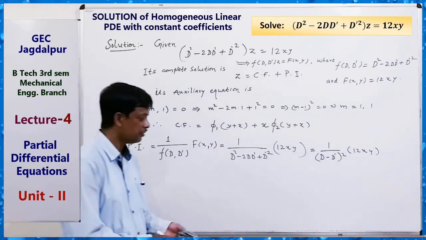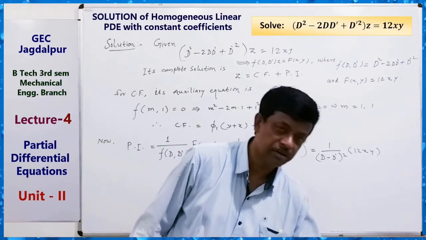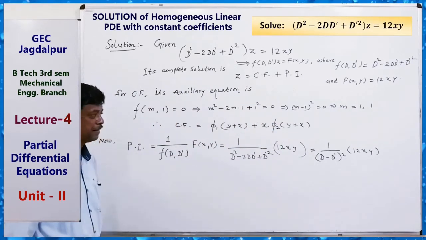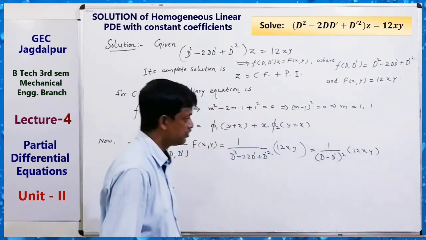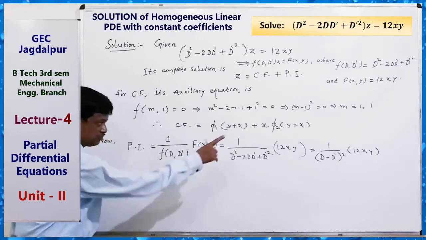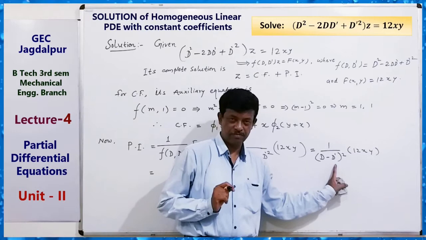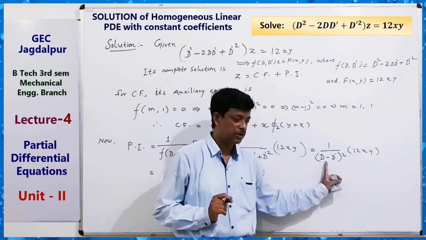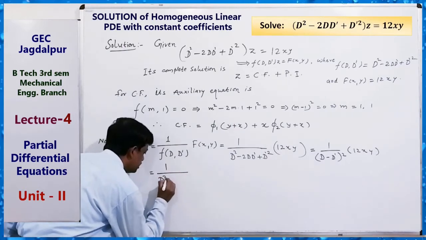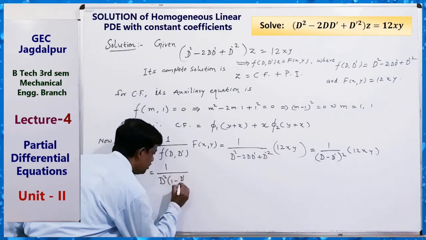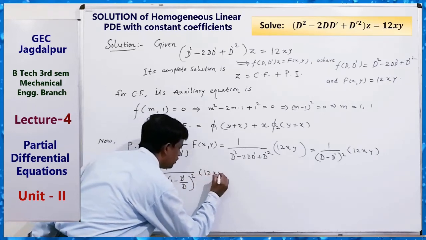Clear? So here, what is the rule for solving? Here xy, that is binomial expansion we have to do. So this is equals to, here 1 plus 1 minus something, so take D common. So 1 upon D common means D², 1 minus D' upon D, whole to the power 2, of 12xy.